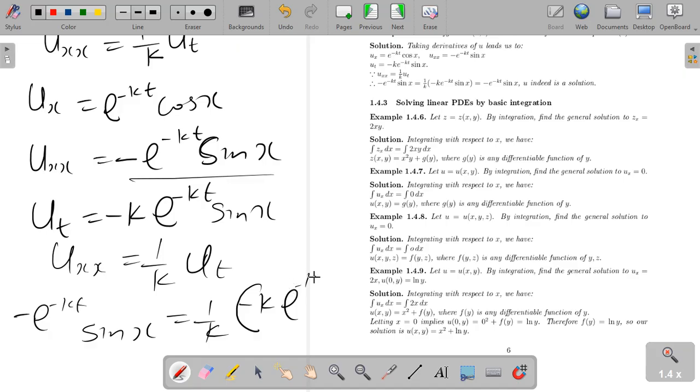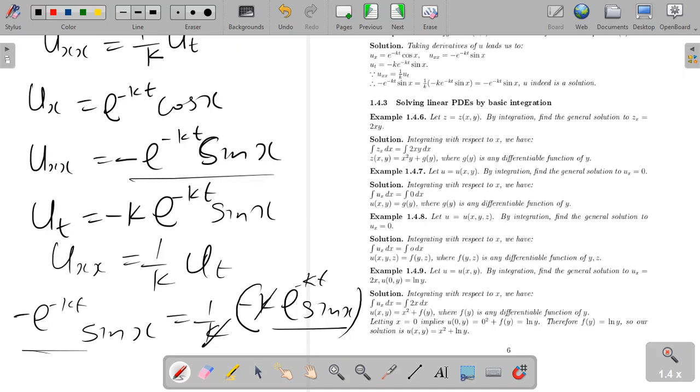You see that k is taking care of k, so we are left with these two things, and they are equal. So therefore, indeed, it satisfies the heat equation.